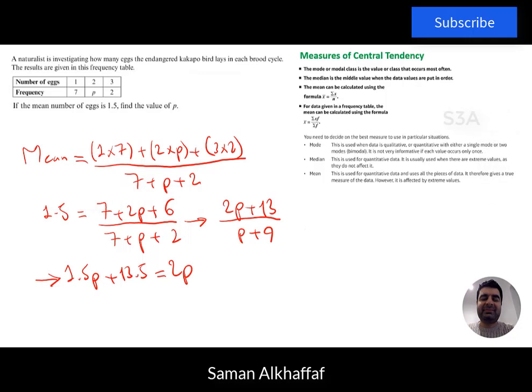So apologies, we'd have 2p plus 13. So now we move the p's to one side and the numbers to one side, so that will give us half p equals half. We would have p equal, we'll try to rearrange this equation, and that would give us p being equal to 1. So this will be our answer for this.